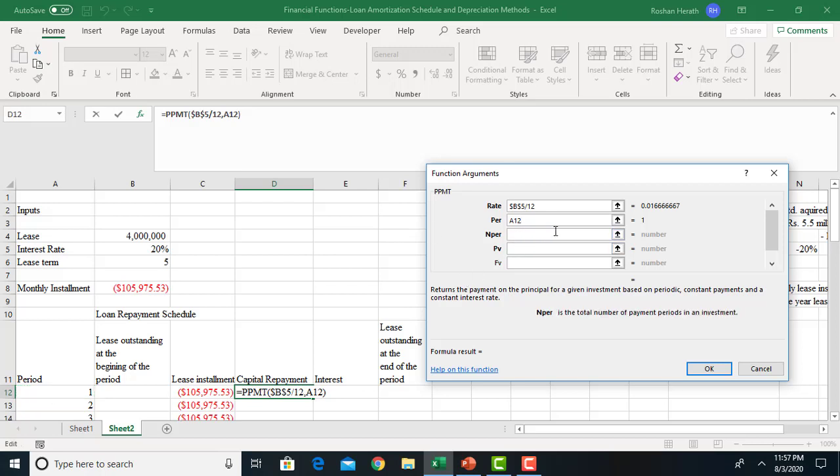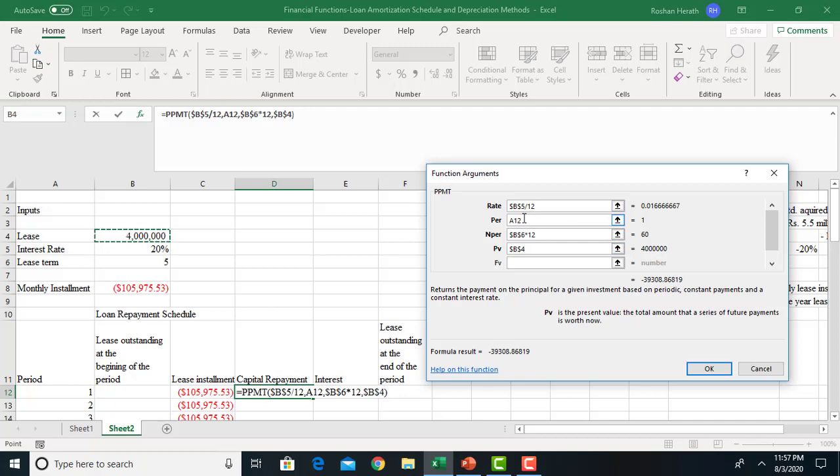Then the NPER is going to be the lease term, the number of years multiplied by 12. Make it constant, and the present value, that is 4 million, make it constant. No future value is involved, and that's the information you need for the capital repayment.